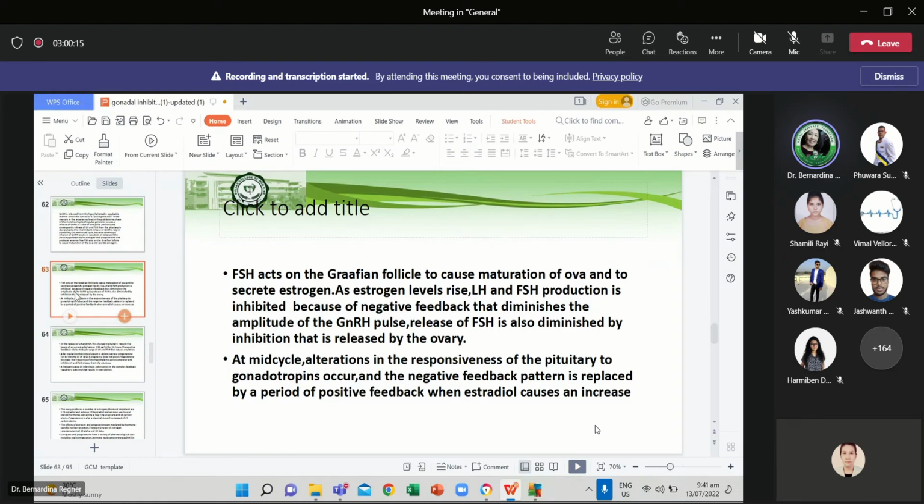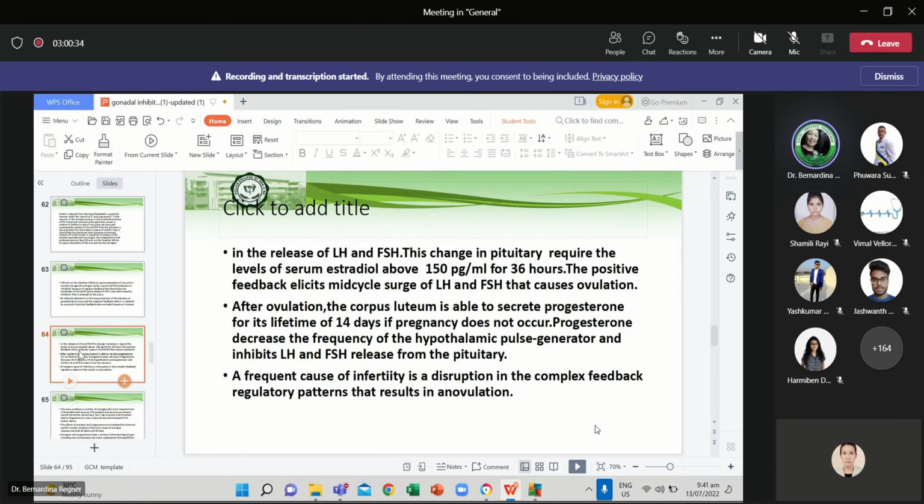Now, at mid-cycle, alterations in the responsiveness of the pituitary to your gonadotropin will occur, and the negative feedback pattern is replaced by a period of positive feedback when you will have an increase in estradiol. Okay, so an increase in estradiol will cause release of LH and FSH. Now, this change in pituitary requires a level of serum estradiol above 150 pg per ml for 36 hours.